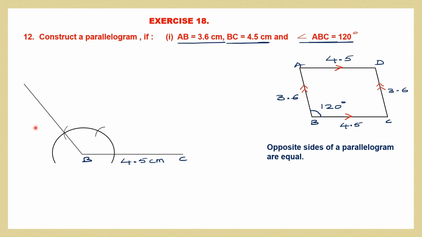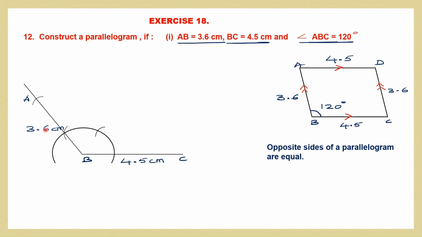So here we have an arc drawn. That point of intersection is A. And AB, look at the rough figure, is 3.6 centimeters. I hope you have measured and drawn. So that is 3.6 centimeters.